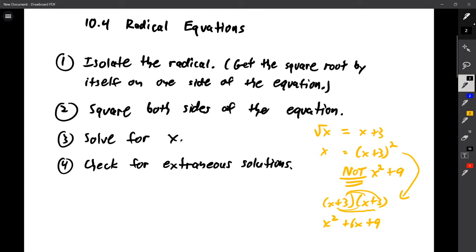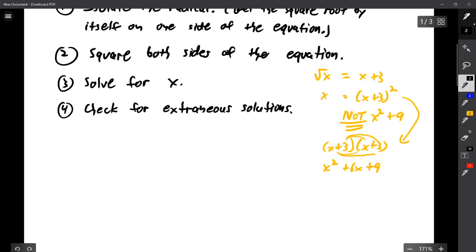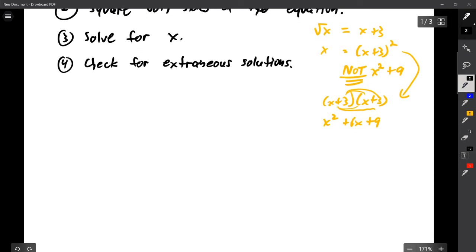We're kind of creating a quadratic equation that has two answers, but only one of the answers will work. And so you have to check for extraneous solutions when that's going on, or any other time that you're told to check your answer. Okay? All right. I have 4 examples for us to do, and here we go.